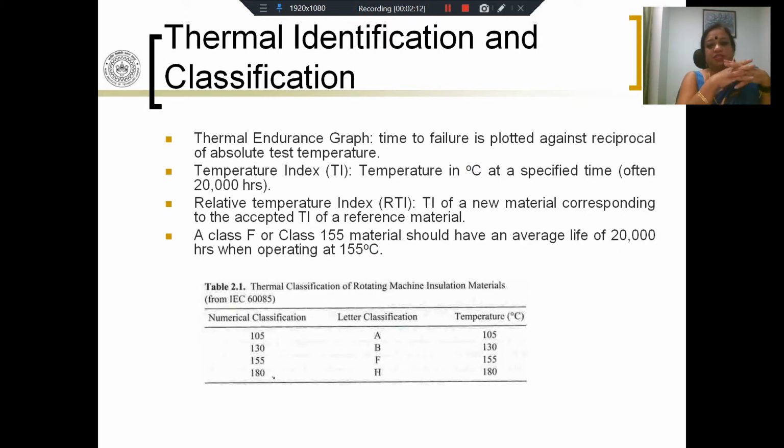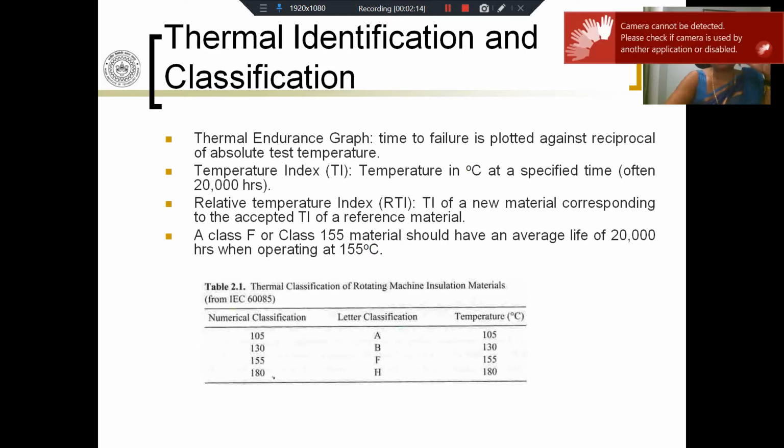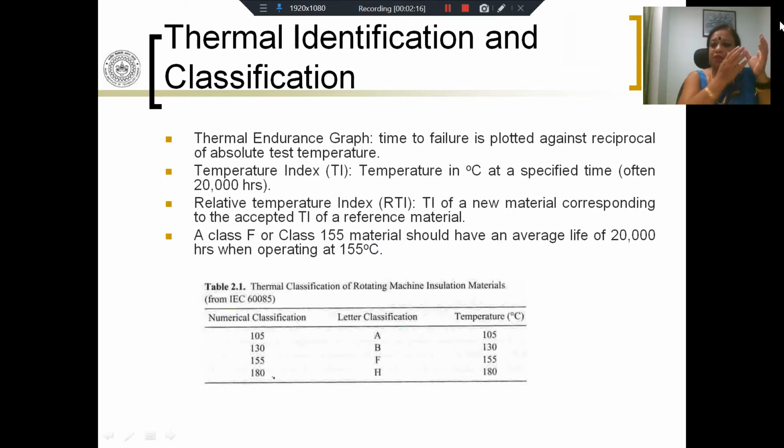The time that can be withstood by the material is given from the thermal endurance graph. And this graph plots the time to failure against the reciprocal of absolute test temperature.